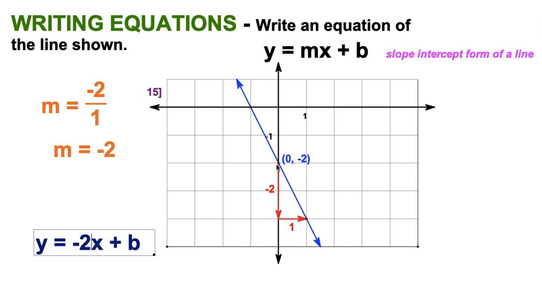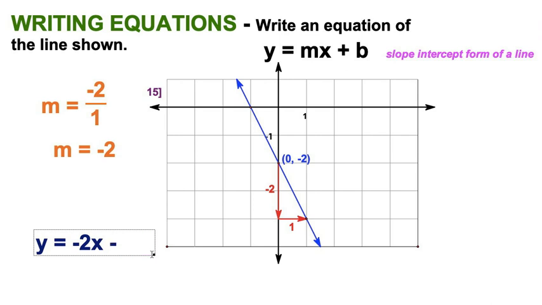And then again, I need to see where it crosses the y-axis, the vertical axis. And it crosses the y-axis, everybody, at -2. So when x is 0, y is -2. The y part is the b.